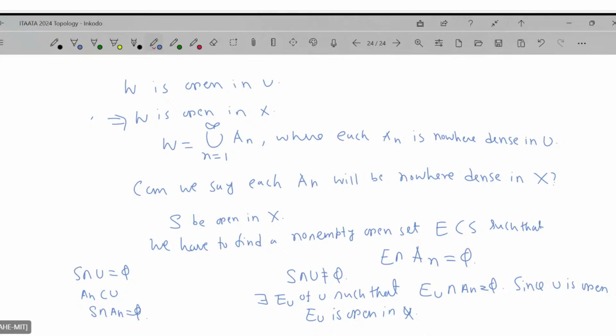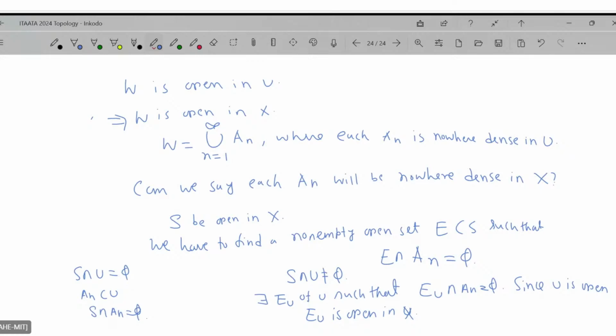We want to show that W is non-major in U. Now suppose W is major in U. Suppose on the contrary, W is major in U, then W can be written as a countable union of nowhere dense sets.